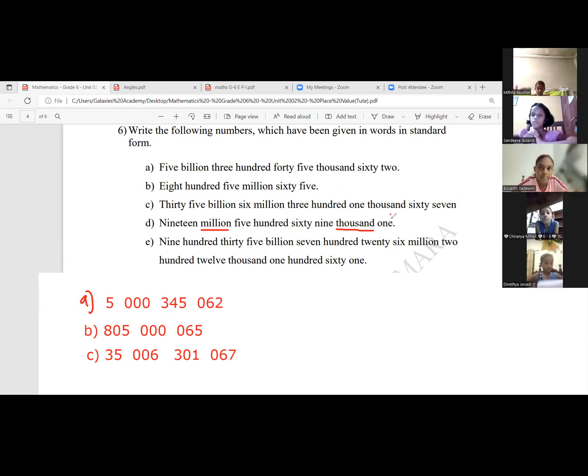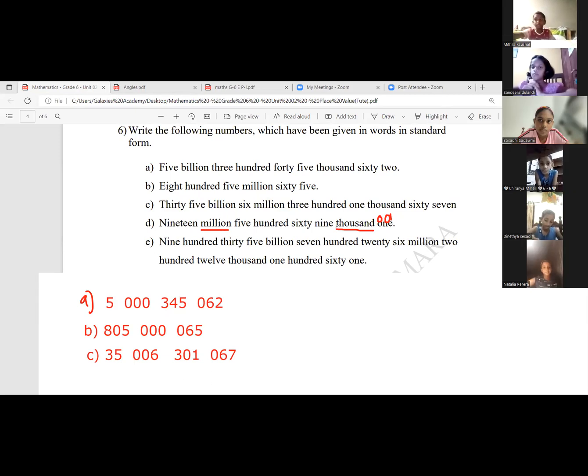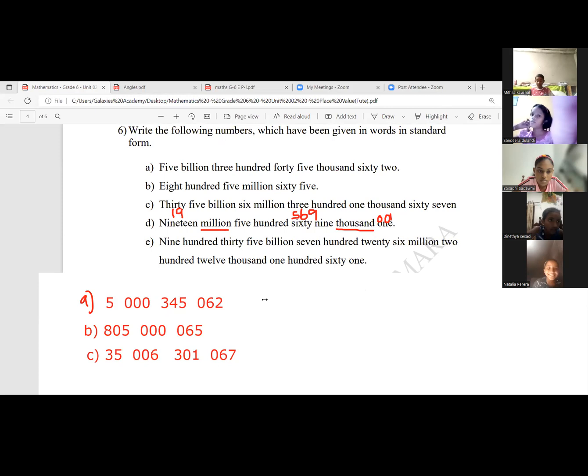Unit period given 1 means 001. 1000 period, look at 569. Million period 19. First period is no problem, containing 2 digits, but after the first period all periods should contain 3 digits. Right, now look at part D answer, how you can write: 19 space 569 space 001.